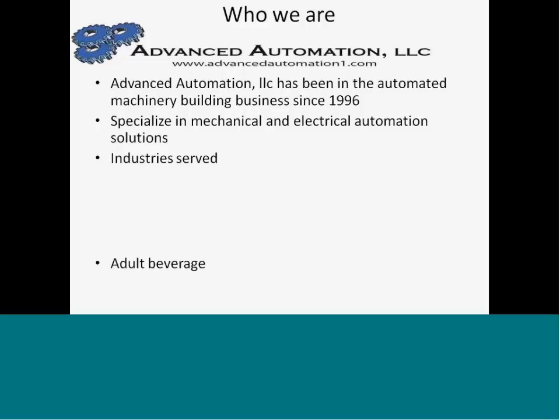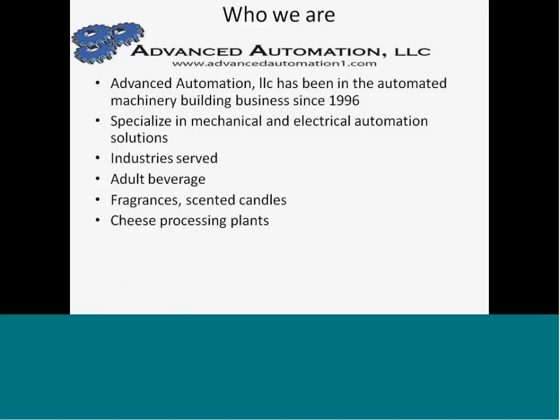We also, like I said, have done projects in the adult beverage, fragrances, scented candles, building peristaltic pump systems specific to that customer's need, cheese processing plants, multiple products come in and we process them and run them down conveyor systems, put them in packaging machines, and take the packages away. But like I said, we do specialize in the baking industry.